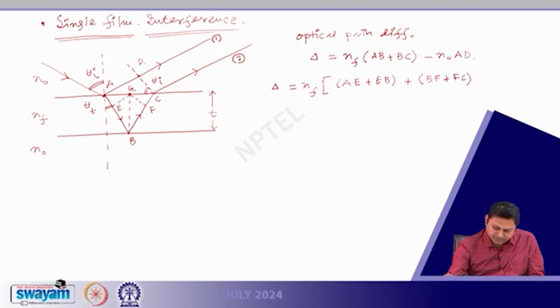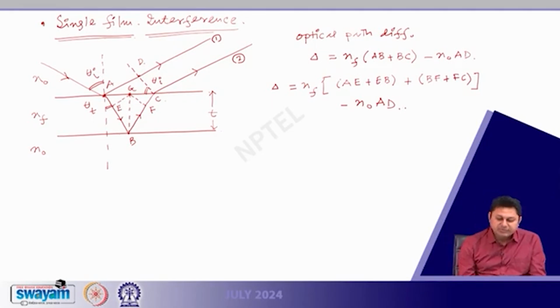I just split this AB and BC in this way, that is one part here AE plus EB and BF plus FC, then minus N0 AD. So, that is my path difference.